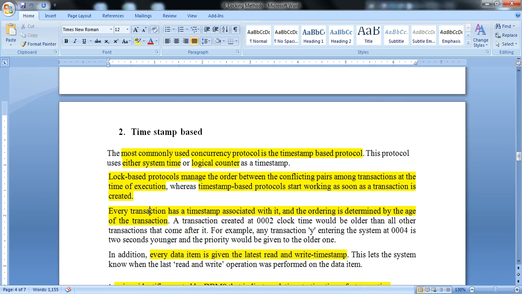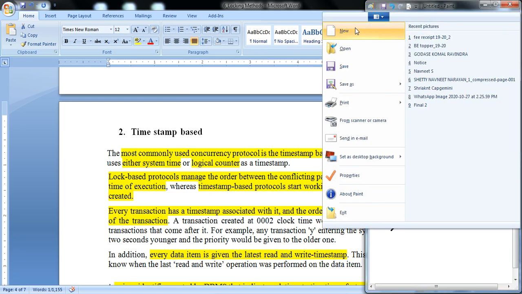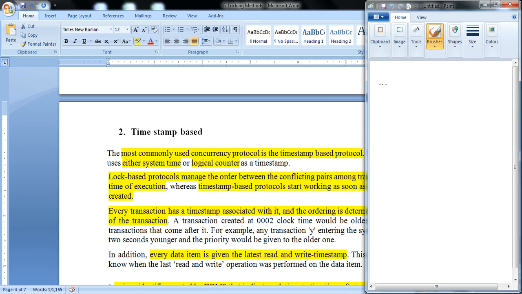Now every transaction has a timestamp associated with it, and the ordering is determined by the age of the transaction. We will take a simple example: T1 has the time 02, T2 has the time 04, right? That is the timestamping.